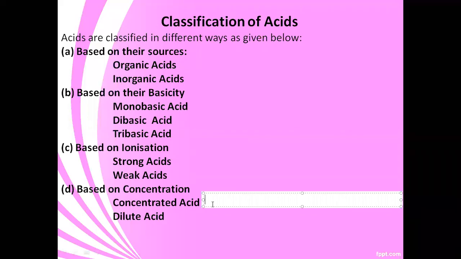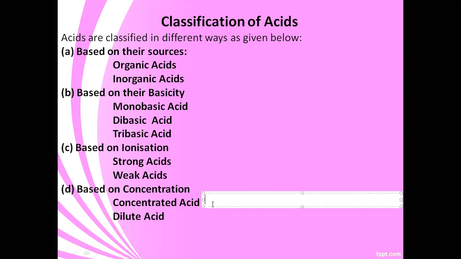The next one is acids classified on their concentrations. It is concentrated acid and dilute acid. The first one is concentrated acid.